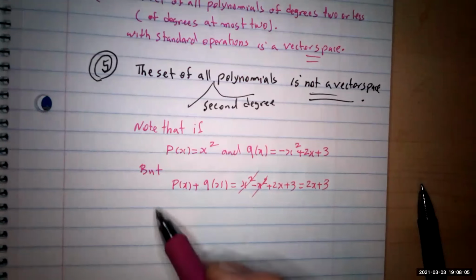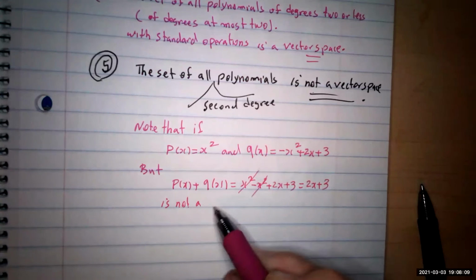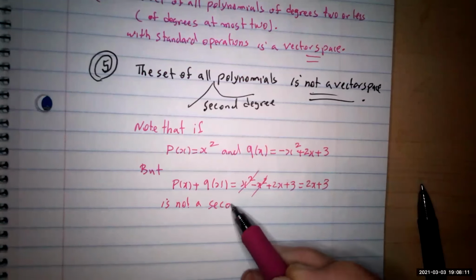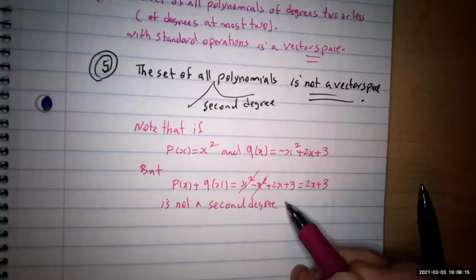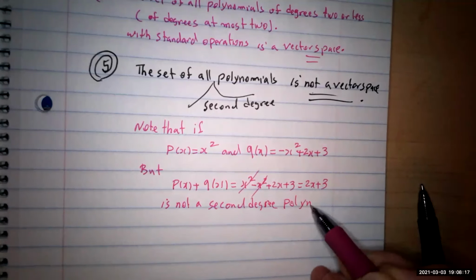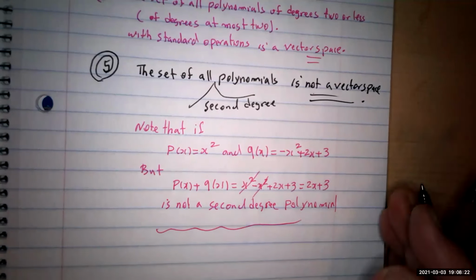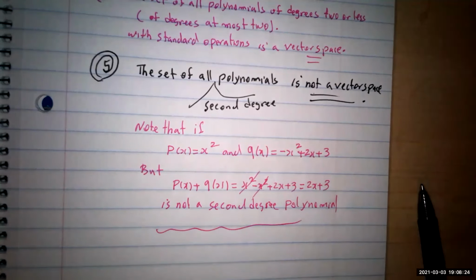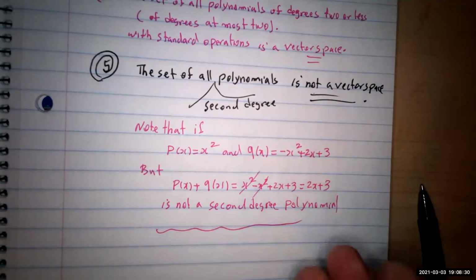You see, the sum is not a second degree polynomial. You know that the first condition for a vector space is that if you get 2 members and you add them together, the result must be inside the space. In this case, it is not.